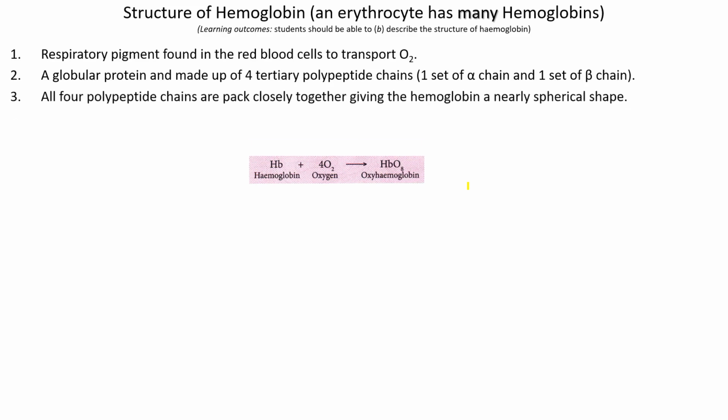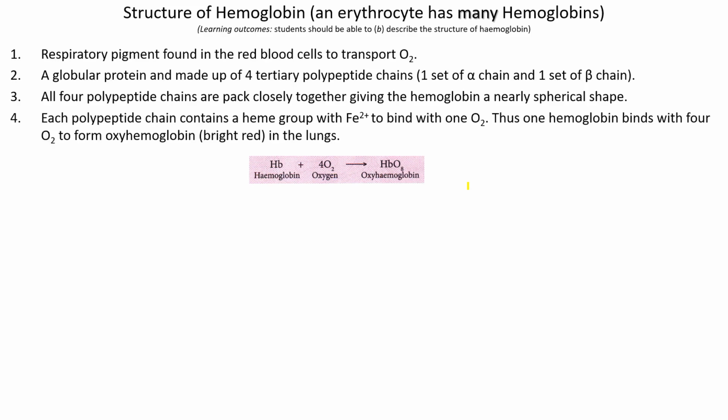Now all these four polypeptide chains are packed closely together, which gives the hemoglobin a nearly spherical shape. Each polypeptide chain contains a heme group with a ferrum ion that binds with one oxygen molecule.